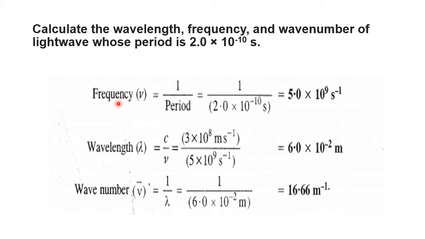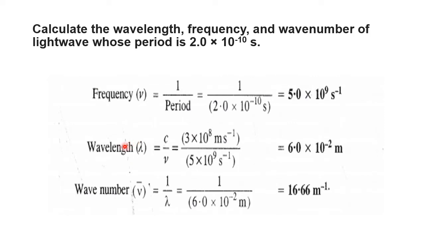And this all I think you might have heard from 10th class knowledge in physics also: frequency, wavelength, sound waves, light waves. So frequency equal to 1 by period. If you simplify, answer is 5 into 10 to the power 9. If you take second to the numerator, it is per second.